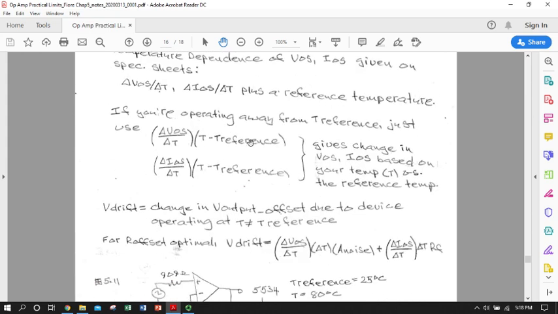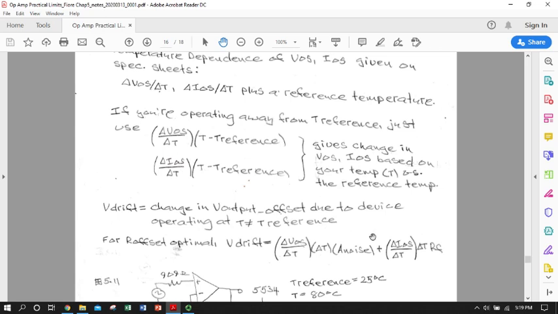So we can combine these in a little formula that represents the single voltage signal that is simply due to, on the output, because that's what we care about, right? Just the output, that's just due to the temperature variation versus our reference temperature in VOS and IOS. So we're looking at the temperature variation in an error signal.